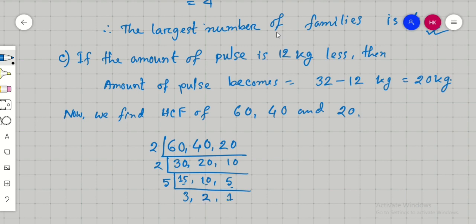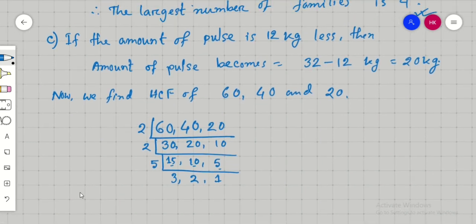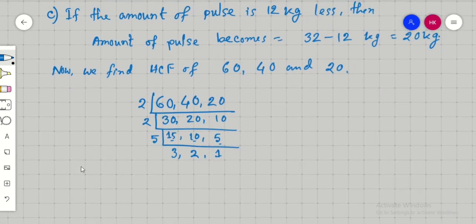So what is the GCF here? The GCF is equal to 2 times 2 times 5. That means this 2 and this 5, but not these bottom numbers. Only 2 times 2 times 5. Alright. So 2 times 2 is 4 and 4 times 5 is 20.